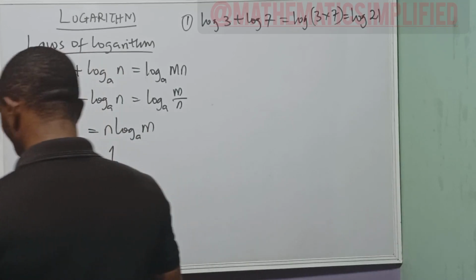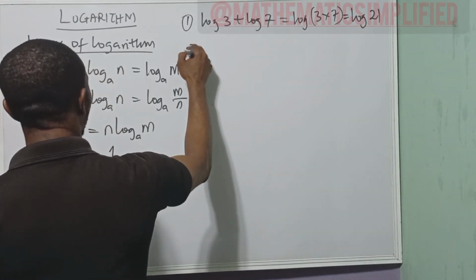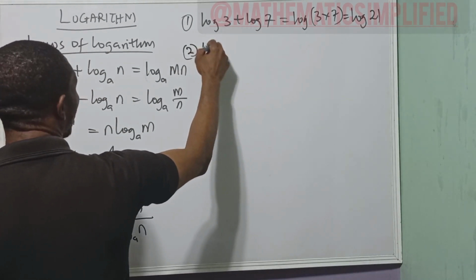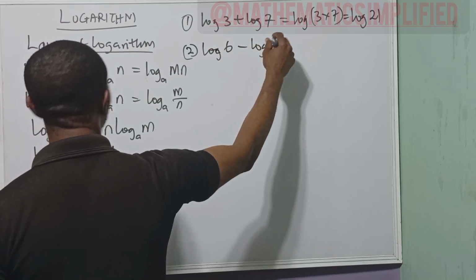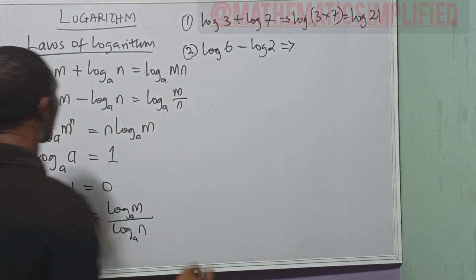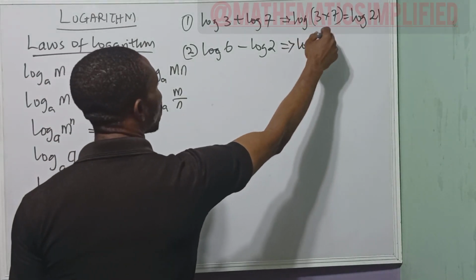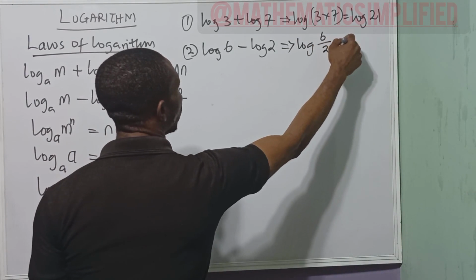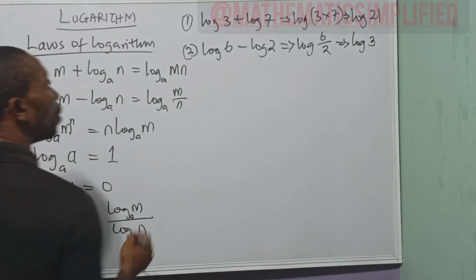The next one, number 2, is log 6 minus log 2. Applying our second law, this will be log 6 over 2, which gives us log 3.